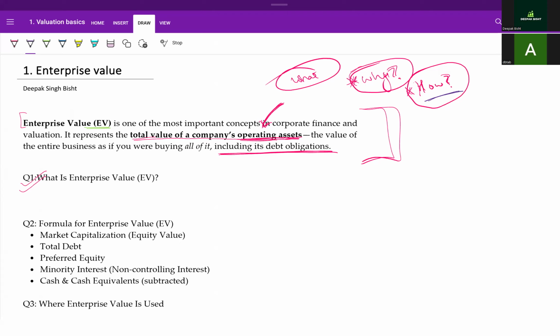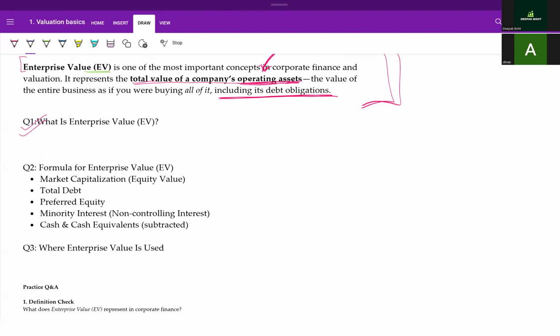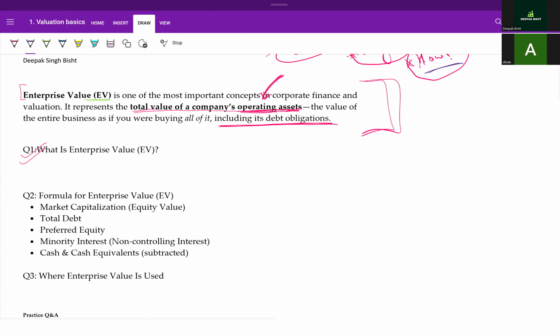So understand how enterprise value is calculated. I just told you that I'm going to buy the whole business. This means that I actually have to pay, and who do I have to pay? I have to pay the equity shareholders.